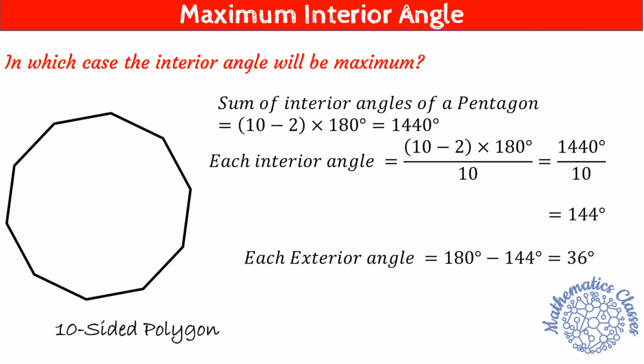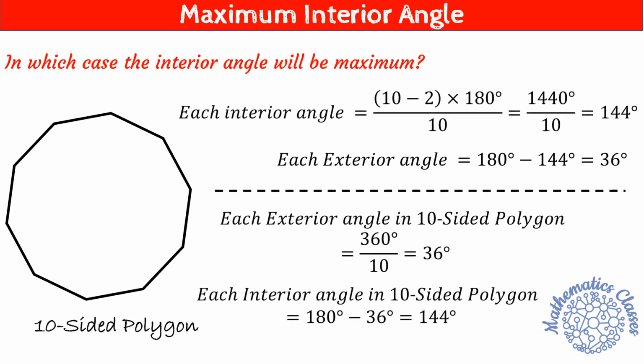Similarly, each interior angle in a 10-sided regular polygon equals 10 minus 2 into 180 by 10, equal to 144 degree. And each exterior angle will be 180 minus 144, that is 36 degree.